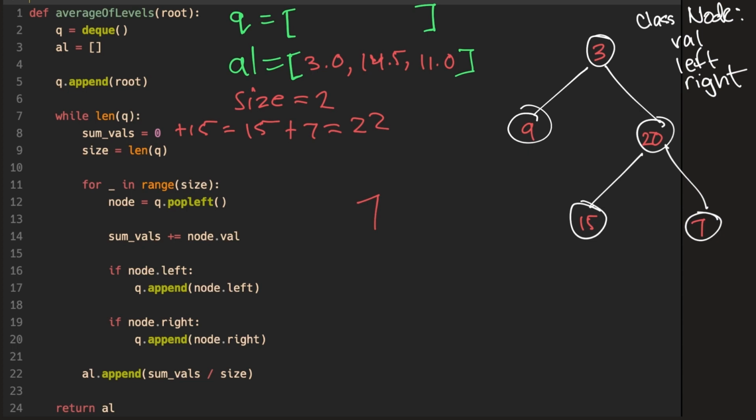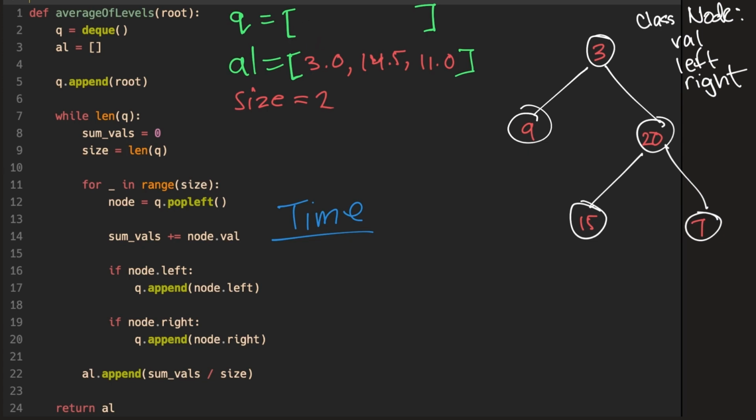So now let's go ahead and get into time and space complexity. So we can go ahead and just erase this stuff to make some space. So for our time complexity, as you saw, we had to touch every node in this tree because at some point we had to add every one of these nodes to our queue.